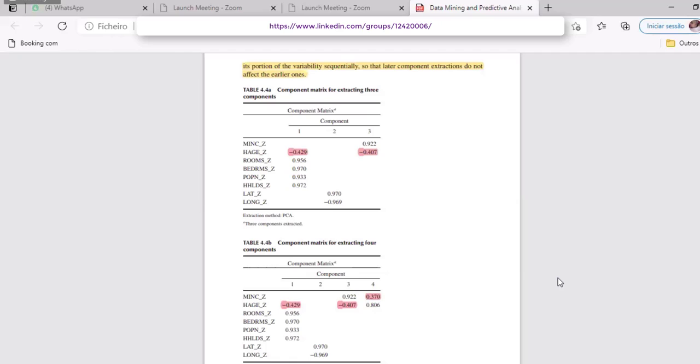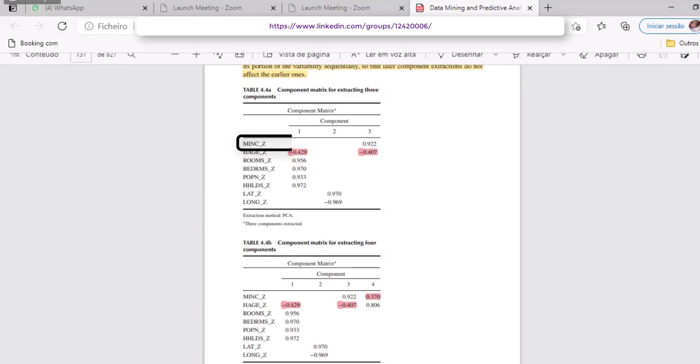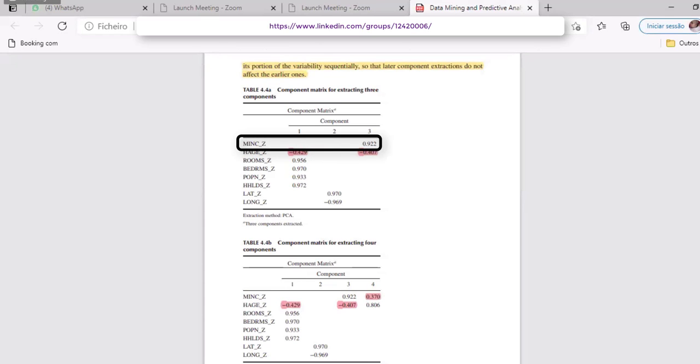For component 2, it is mostly related to the geographical part of the house, so mostly related to the address. Here we have the longitude and latitude, and it is higher than 0.5. For the 3rd one, we have only the first variable greater than 0.5.